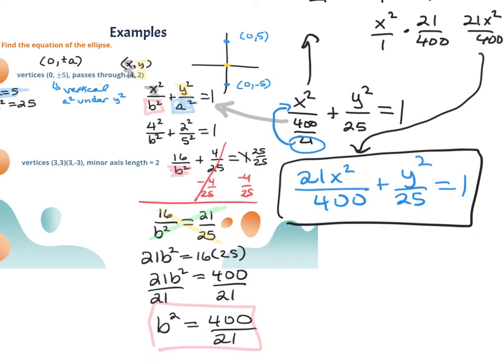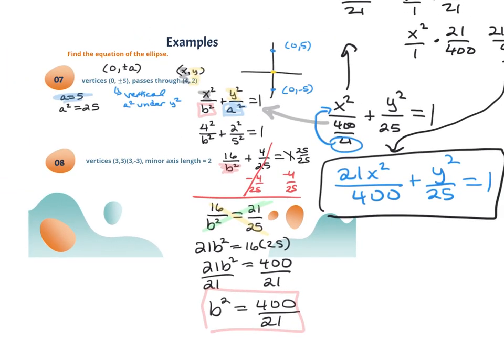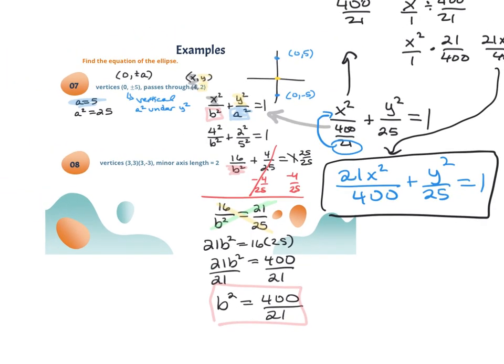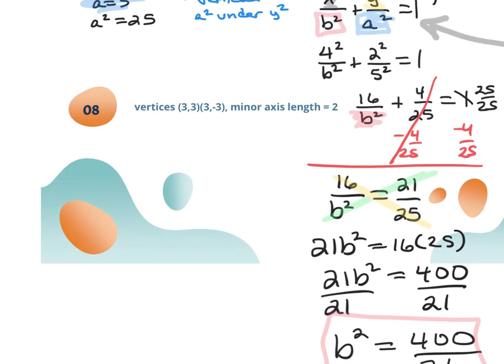Okay, let's try number 8. Now, notice this time in my vertices, there aren't any zeros. So this is going to be a clue that my center is not at the origin. So this one would definitely be a good one where I would want a graph to see where my major axis is. Are my vertices going to be on top of each other, or are they going to be side to side?